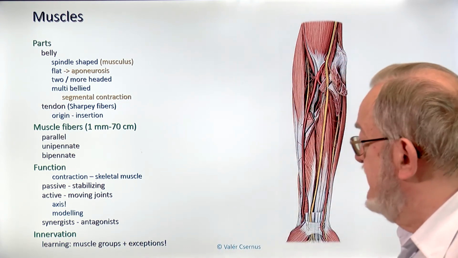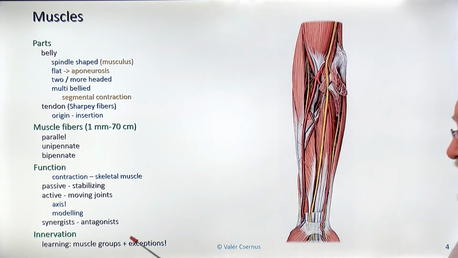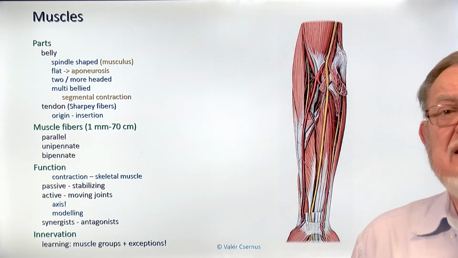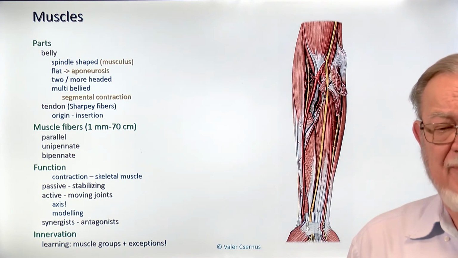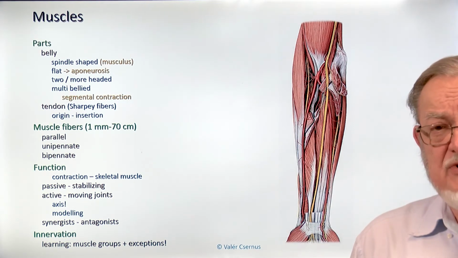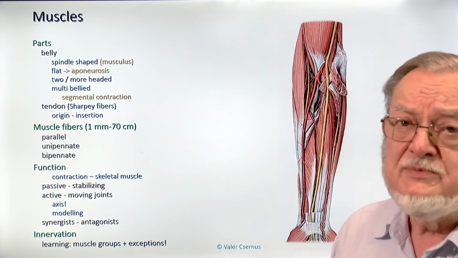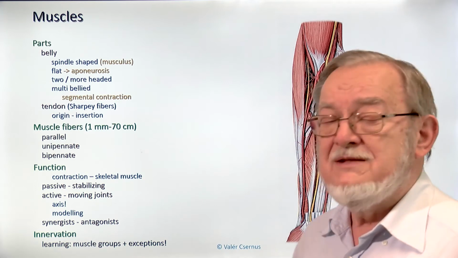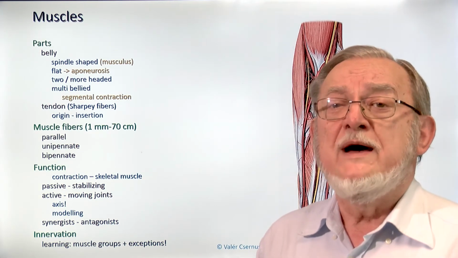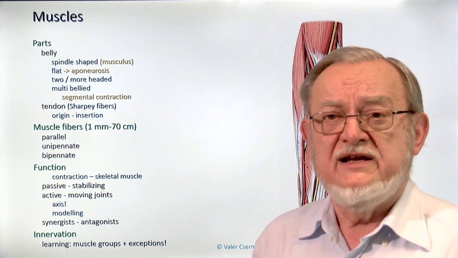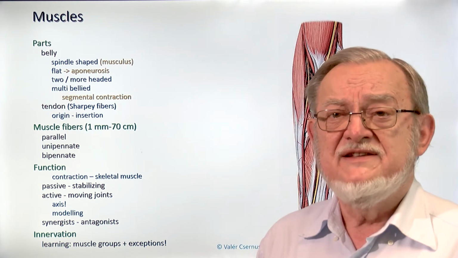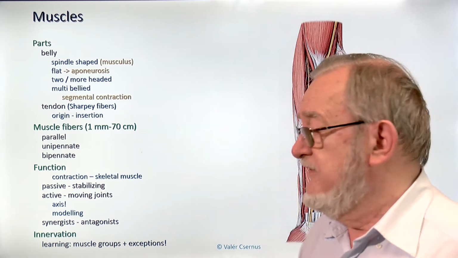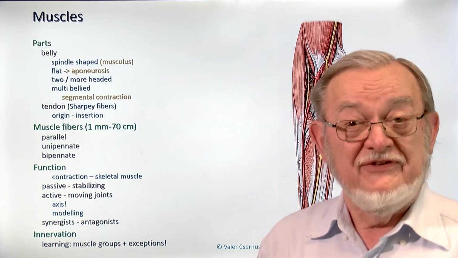One of the rules is that usually a muscle group, which may contain from 2 up to 20 muscles, is innervated by the same nerve, without any exception, or we have 1 or 2 exceptions. If you study what the nerve of that muscle group is, and whether we have exceptions and which muscles are exceptions, it makes your life easier, because you have to study 2 sets of information.